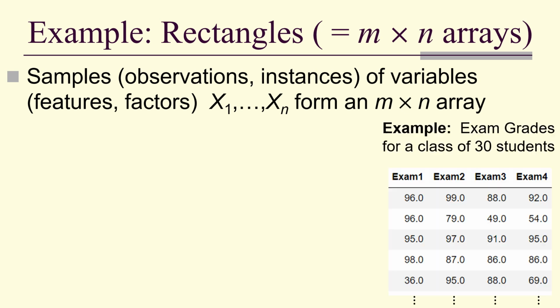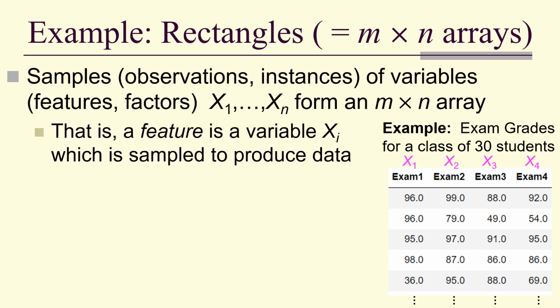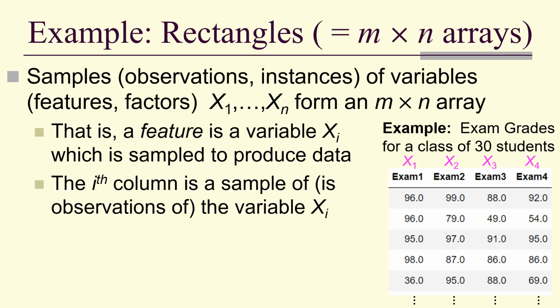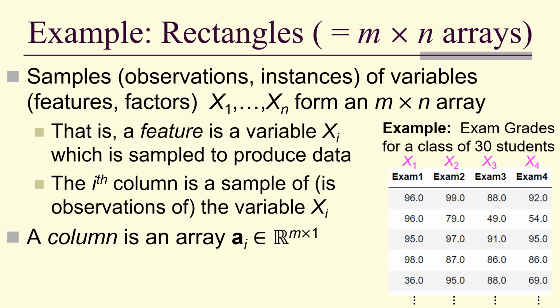For example, suppose we have exam grades for a class of 30 students over a semester. Then the scores on the exams, respectively, would be our variables. That is, a feature is a variable which is sampled to produce data. And that data is the ith column, which is the set of observations or samples of the variable xi.